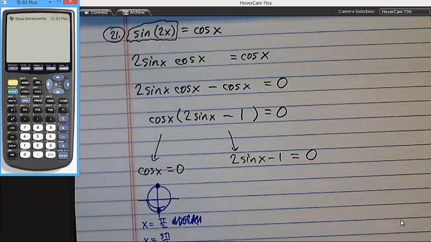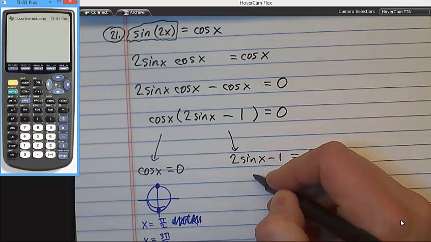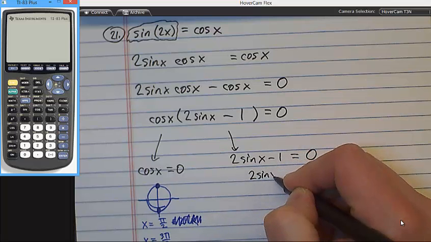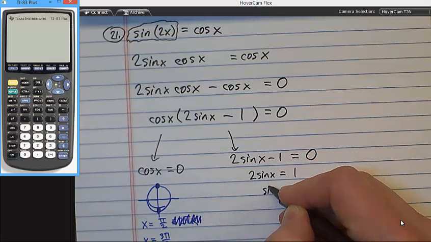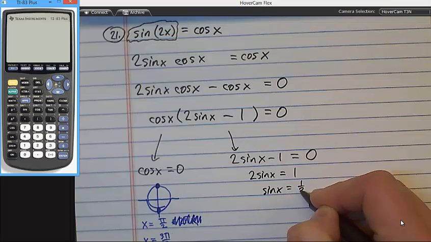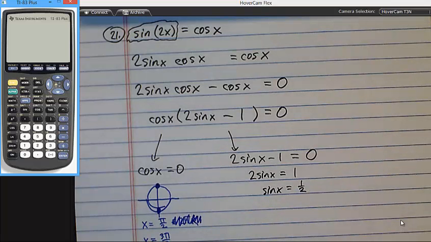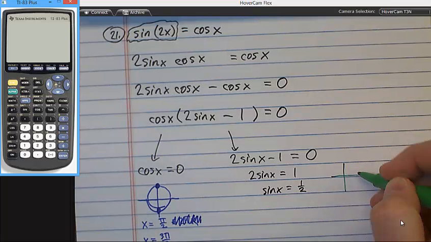All right? And now we also have this. 2 times the sine of x is equal to 1. The sine of x is equal to 1/2. Right? So I added, and then I divided. And again, I'm going to draw a picture, and I'm going to try and figure out where does that happen. So again, I'm thinking unit circle.